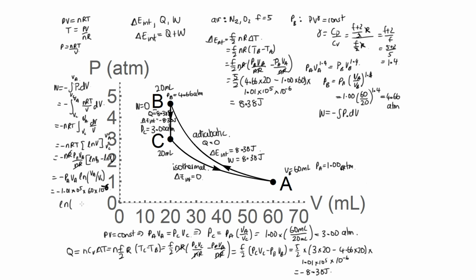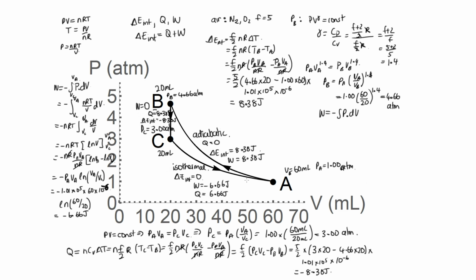Now, V_A, that's 60 milliliters, and V_C, that's 20 milliliters. The milliliters will cancel out there. So inside here, we end up with 3. So we can now solve that, and we end up with minus 6.66 joules. So our work done is equal to minus 6.66 joules. It's good to see that it's negative because it's an expansion, so that's what we expect. And so Q then, from our first law, has to be equal to 6.66 joules.